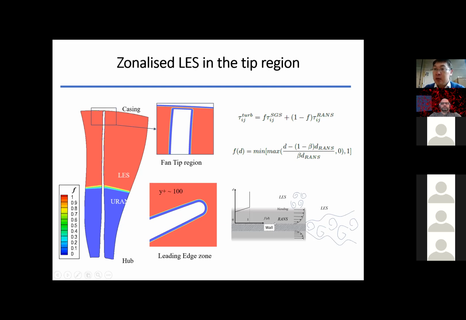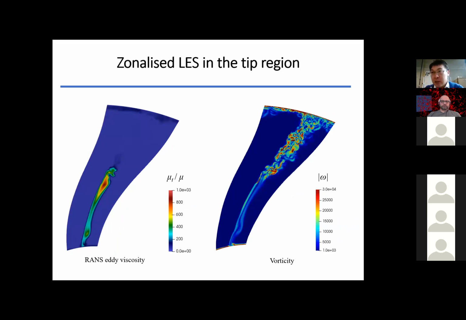So near the wall, we have the mean flow profiles resolved, and outside the y+ 100, we have the fluctuation resolved using the large eddy simulation. And you can see this at the trailing edge. After the trailing edge, all the flow is resolved using large eddy simulation. And this is an illustration of how that works for our simulation.